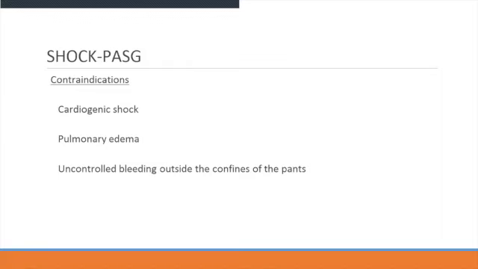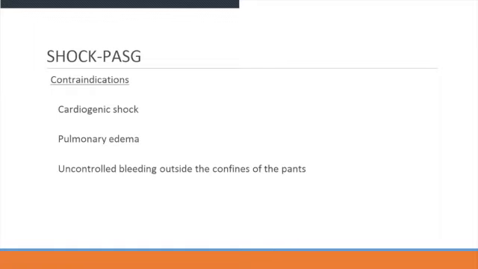Cardiogenic shock. By pushing all the blood up there, you can accidentally increase preload that can adversely make the patient's cardiogenic shock worse. Pulmonary edema, it's going to do the same thing.